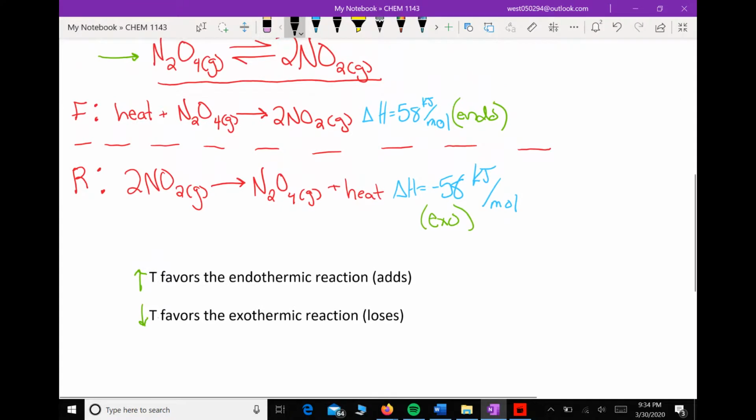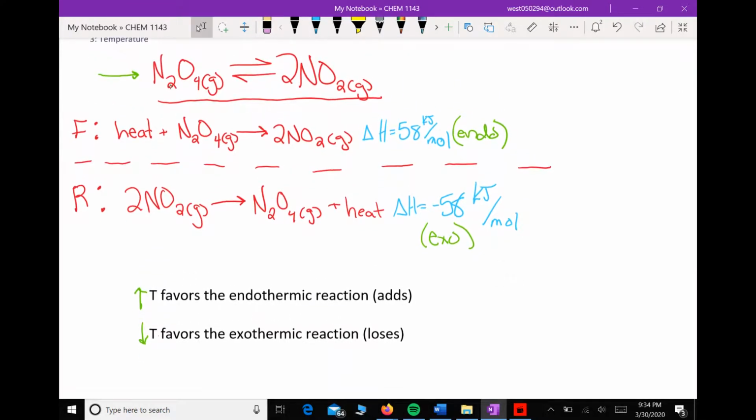I show the example here where we have N2O4 yielding 2 NO2, this being the forward reaction, and this being the reverse reaction. In the forward reaction, you have heat being added to N2O4, which yields 2 NO2, and its delta H is positive, which shows that this is the endothermic reaction.